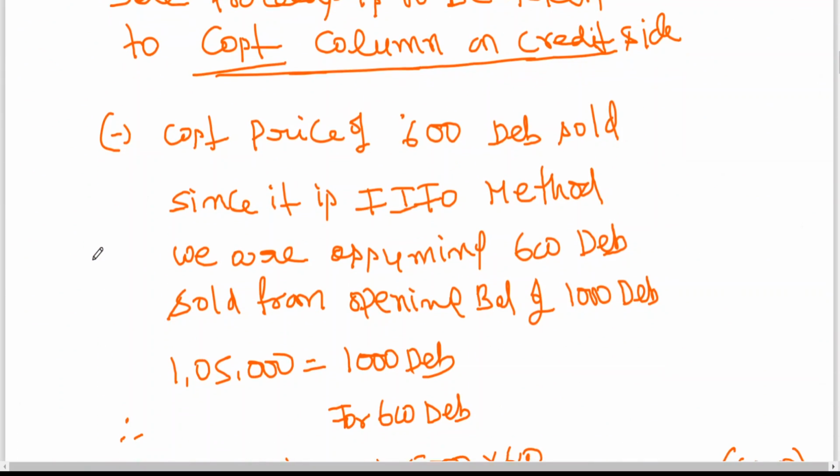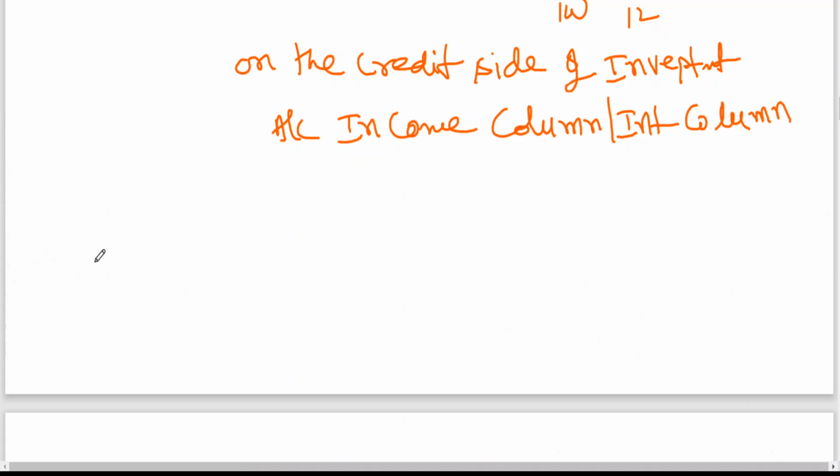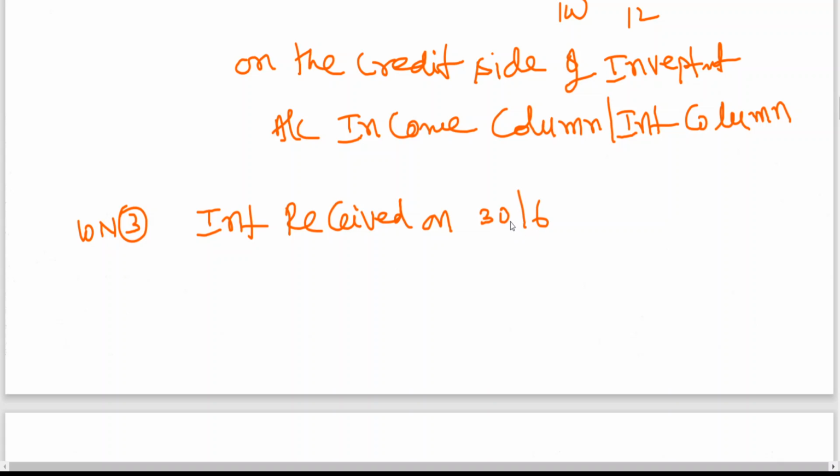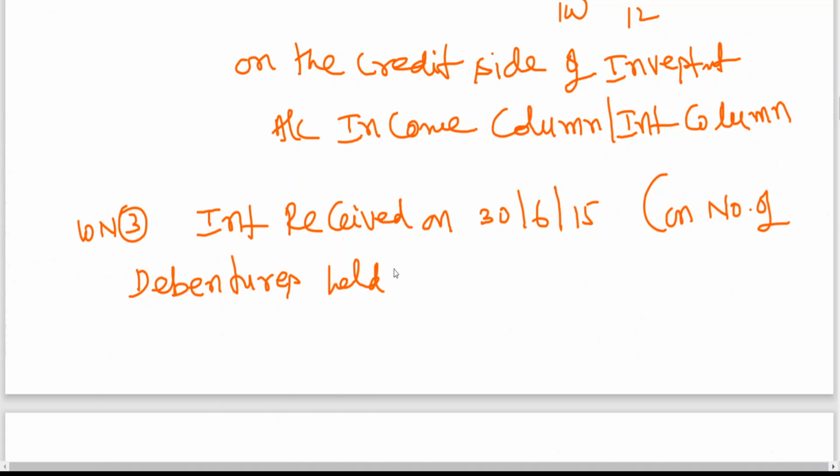Working notes number 3 is interest received on 30th June 15. Interest received on 30th June 15 on the number of debentures held. That is opening balance 1000 plus purchases 500. 1500 debentures you are having as on that date.